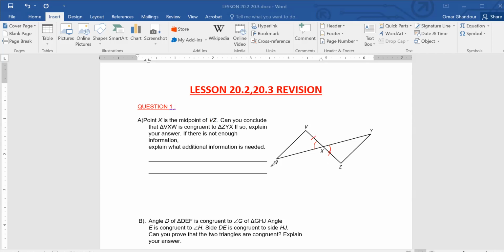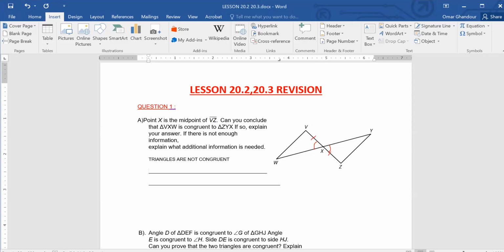Very well. So here we are going to write that the triangles are not congruent because there is not sufficient information. We need three pieces of information and we only have two. The triangles are not congruent. What other piece of information?